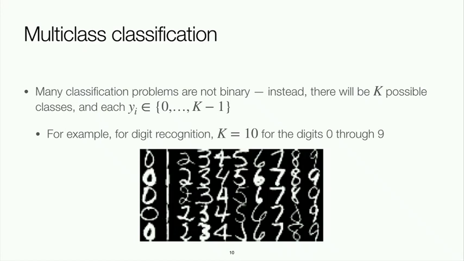There are 10 different labels that I might choose from. So things here start to get a little bit more complicated, but as it turns out, it's not super complicated either. We're going to look specifically at logistic regression and how we would extend it from binary classification to multi-class classification.